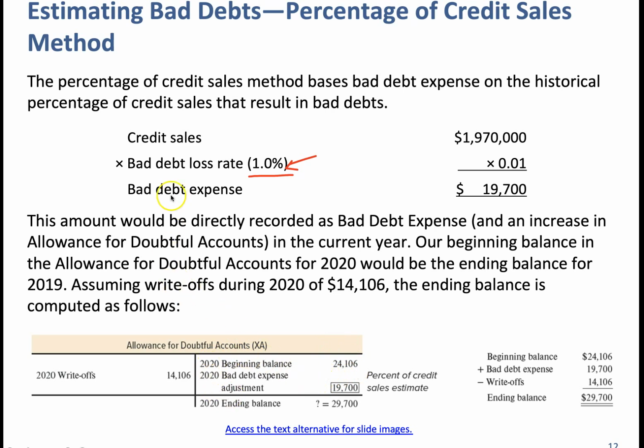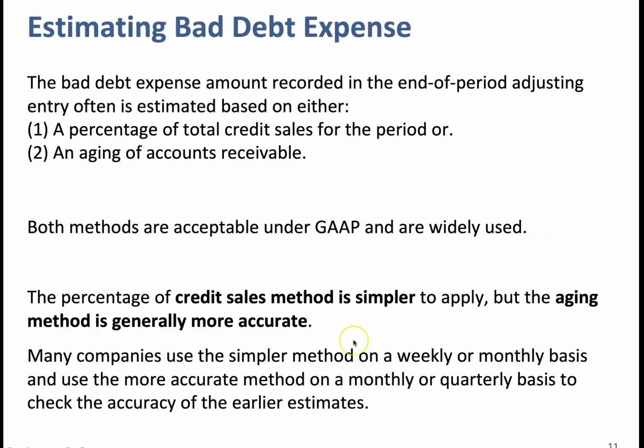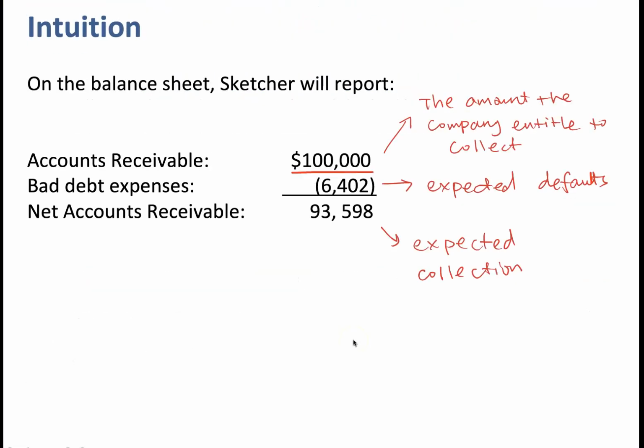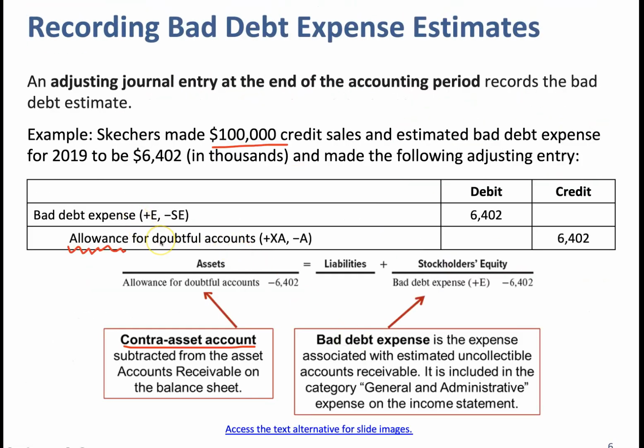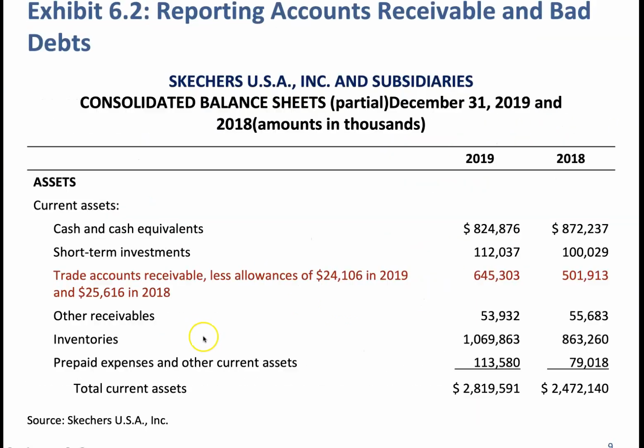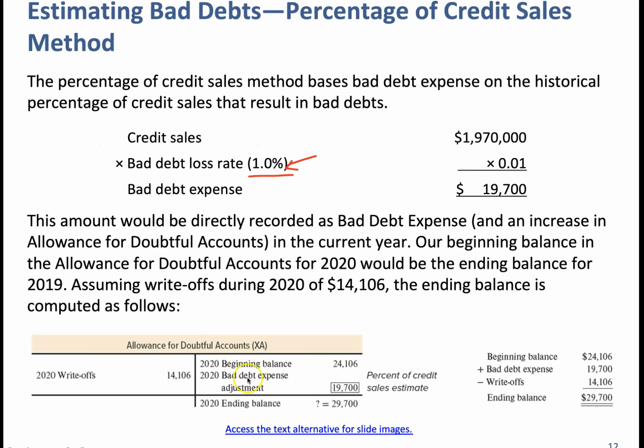And we estimate a newly added allowance of 19,700 that will be on the credit side. Remember, you debit the expense and credit allowances when you first estimate the number, so it's the 19,700 from the estimation.